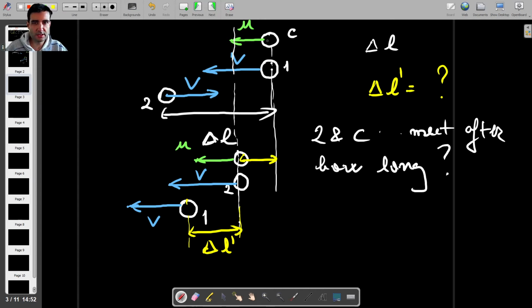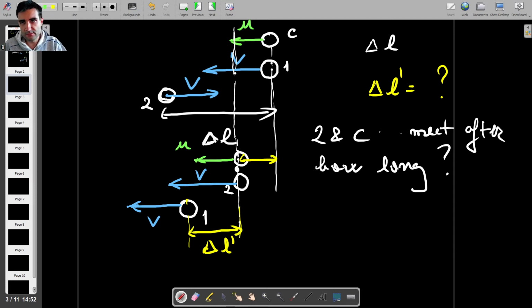Okay, so how long does it take for the coach who's running towards athlete 2 and for 2 who runs towards the coach to meet up? So they're going to meet up along this line, right? So they're going to meet up at this point here, essentially, which is on this line.